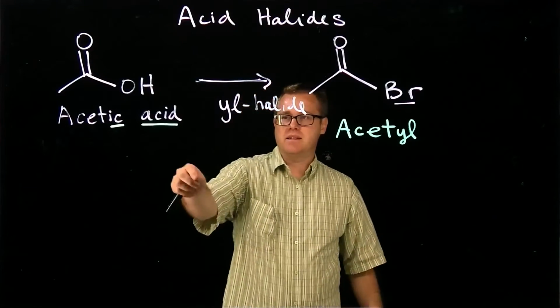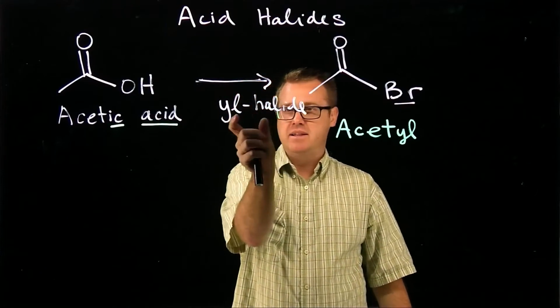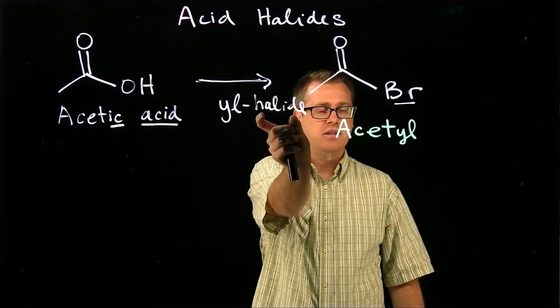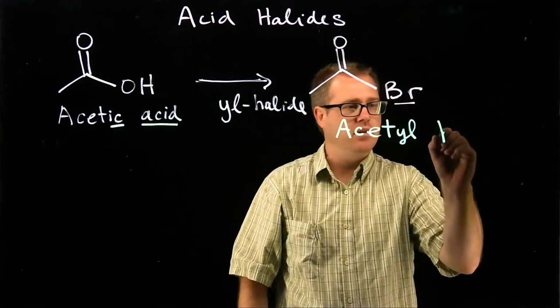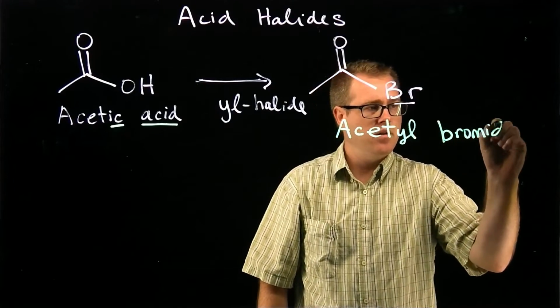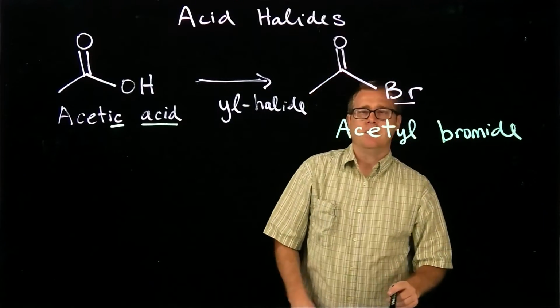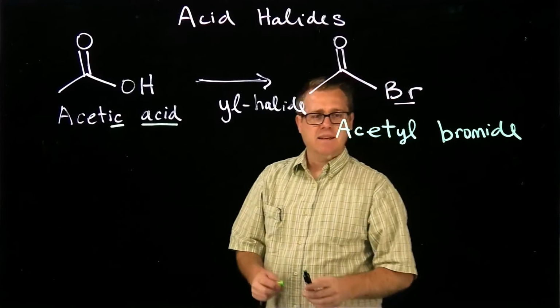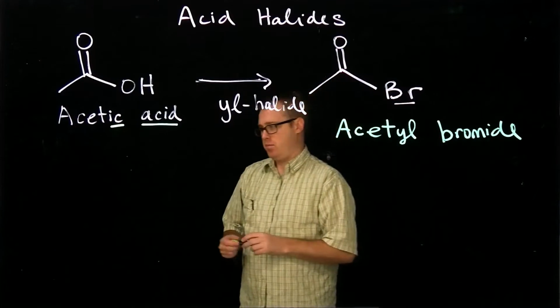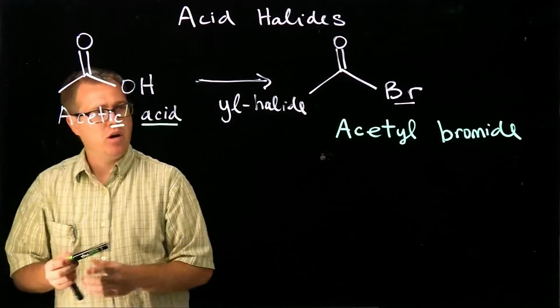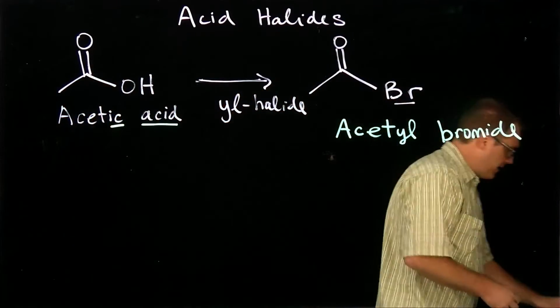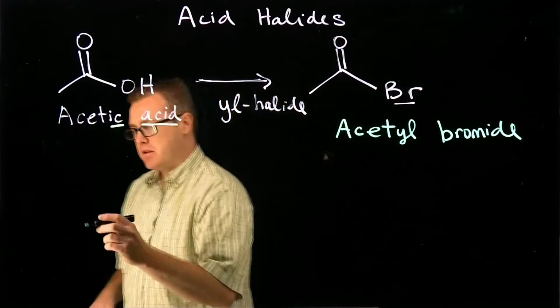And then you add on the halide part. So what is that? That is a bromide. So that would be an acetyl bromide. What if we had a molecule that looked like this?